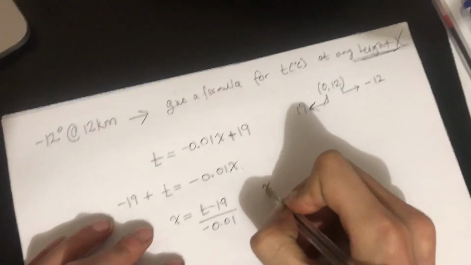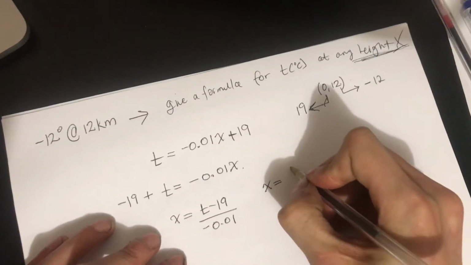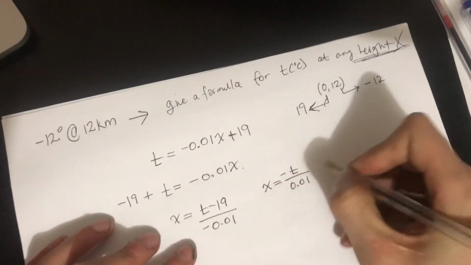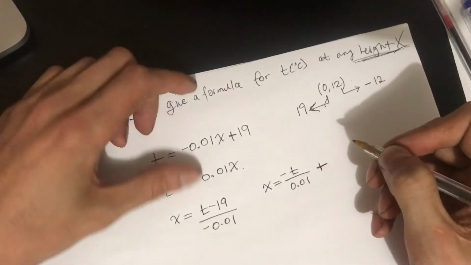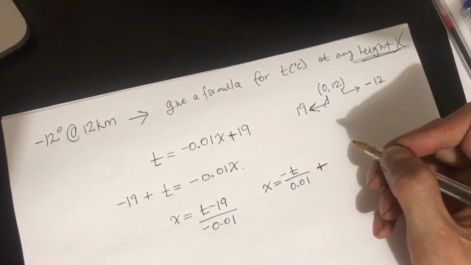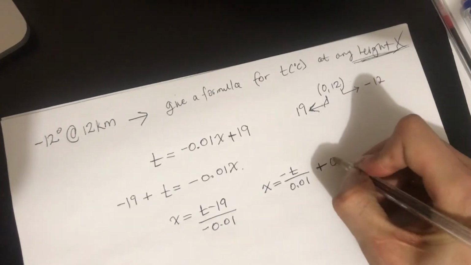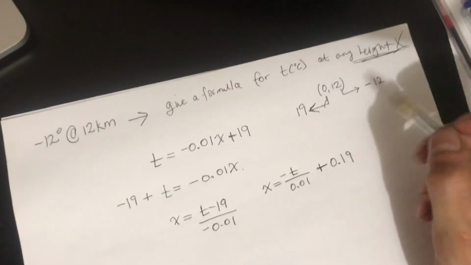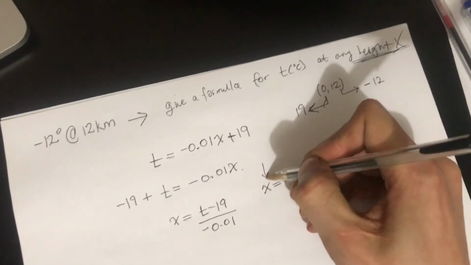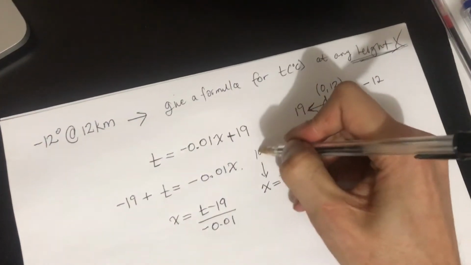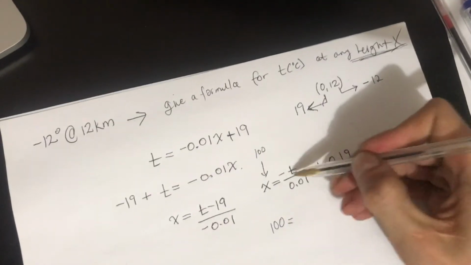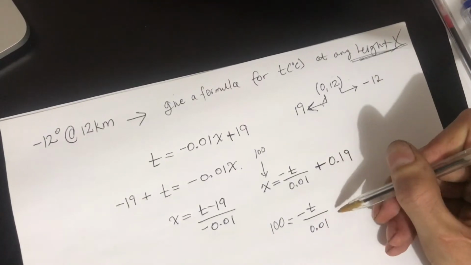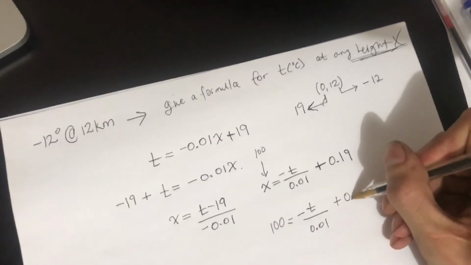This is the same as saying x equals negative T over 0.01 plus 19 over 0.01, which should be 0.19 if I'm not mistaken.